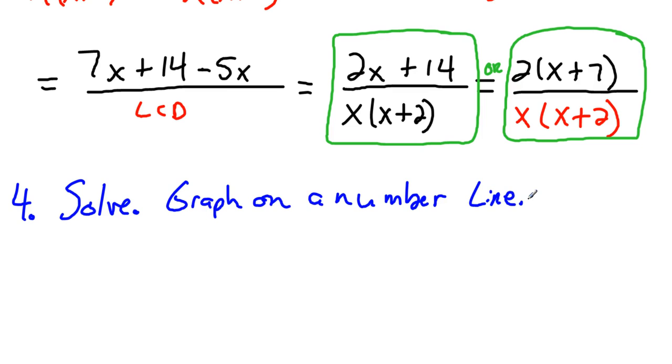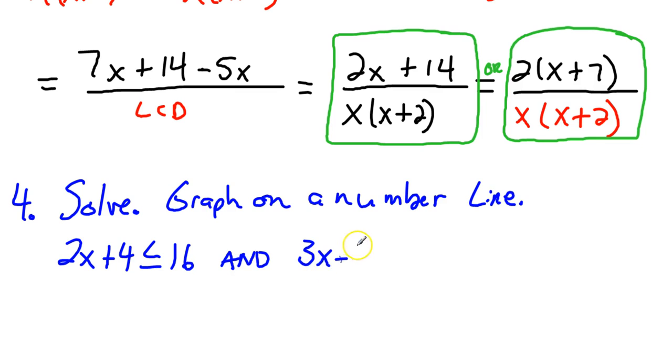Okay, question 4. I ask you to solve, and then it says after you solve it, graph on a number line. So that means we've got to be looking at some less thans or greater thans. So go with 2x plus 4 less than or equal to 16.